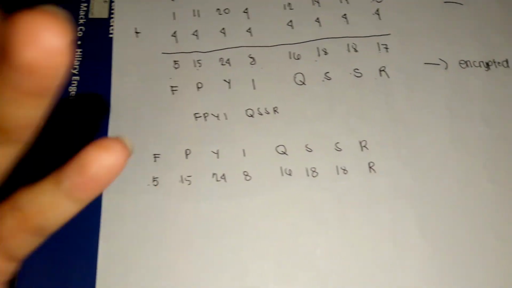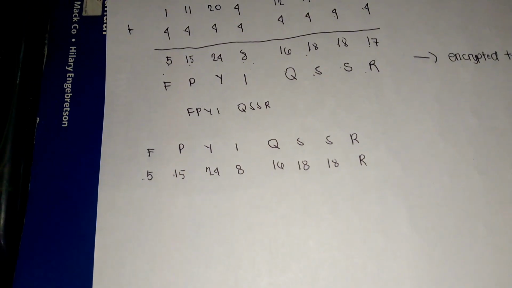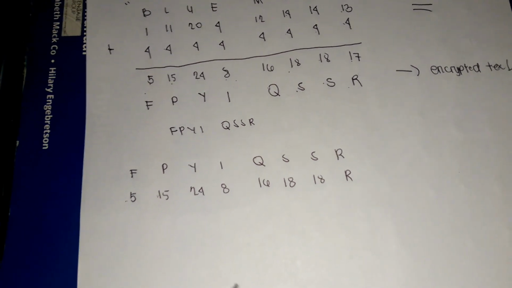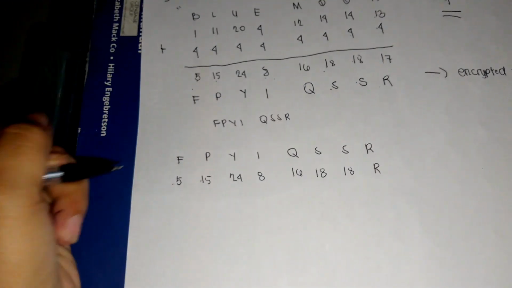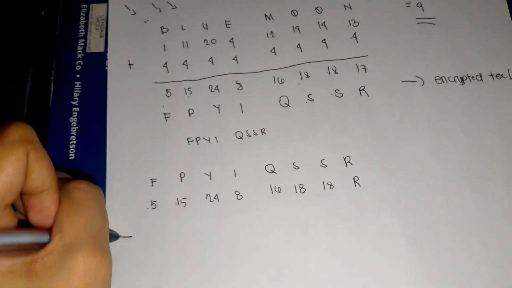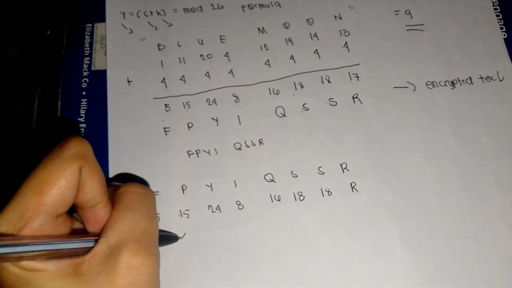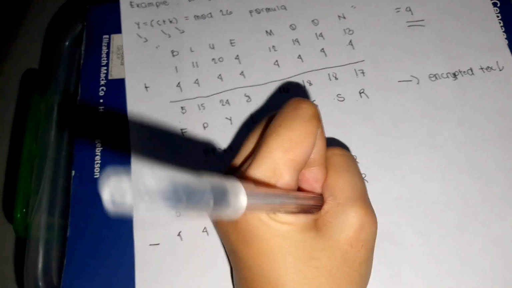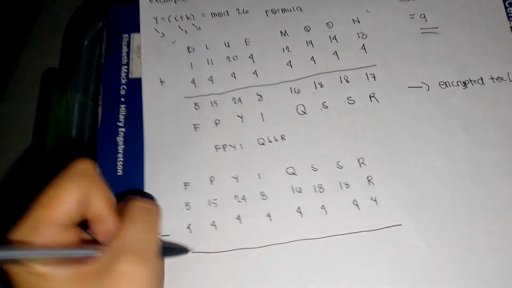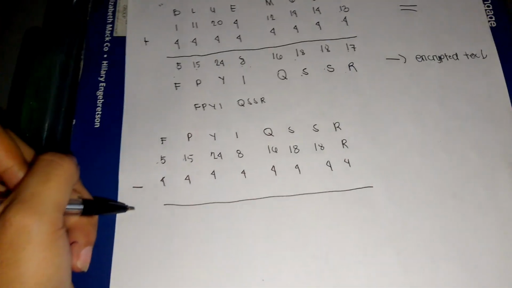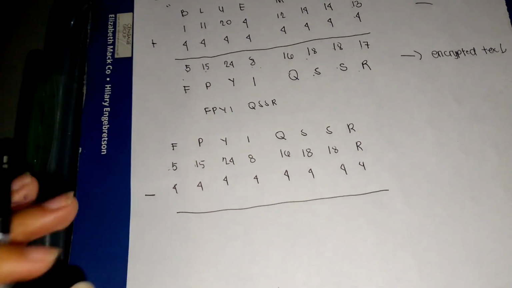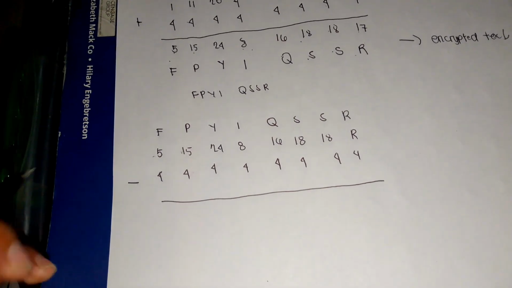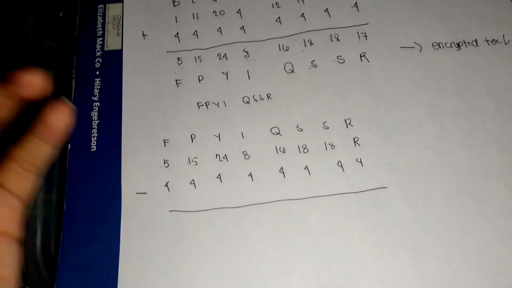Now, instead of adding these numbers to our key, which is 4, we're going to subtract 4 to bring back our plain text or original text. Did you get the point? If we added this one, we are going to minus this one. So since we added before, we have to subtract, of course.